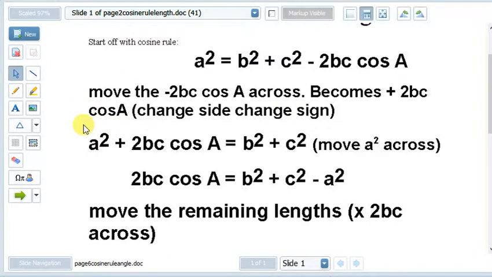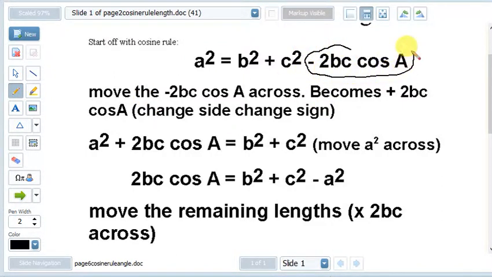So first of all, we've got to move across the minus 2bc, because that is our negative, and we try to get most things positive. So we move the minus 2bc cosine of A across, and we use the change side, change sign method. So minus 2bc cosine of A becomes positive 2bc cosine of A, as you can see here.